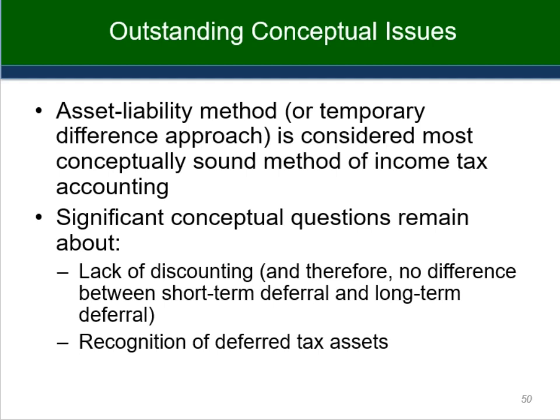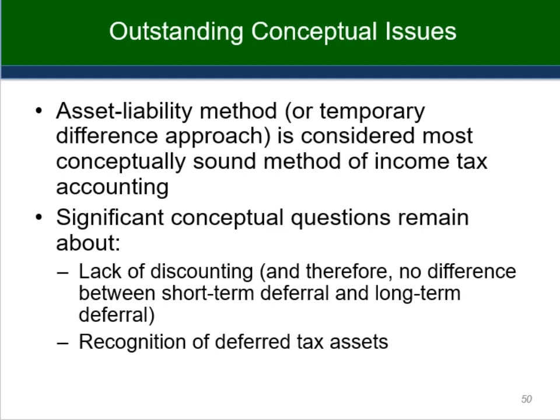Others argue that realization of a loss carry forward is less likely, and thus should require a more severe test than for a net deductible amount arising from normal operations. Some involved in the International Accounting Standards Board's Conceptual Framework project suggest removing the criterion of probability from the definition of both the asset and the liability, and incorporating it in the measurement of the elements instead. So questions arise about whether deferred tax liabilities are in fact present obligations, and whether deferred tax assets are really present economic resources.